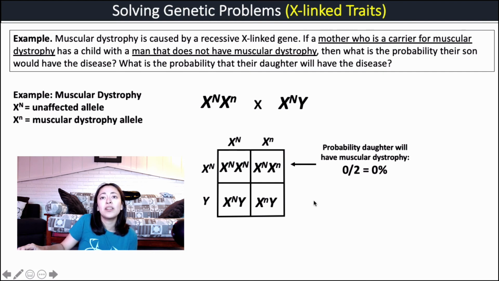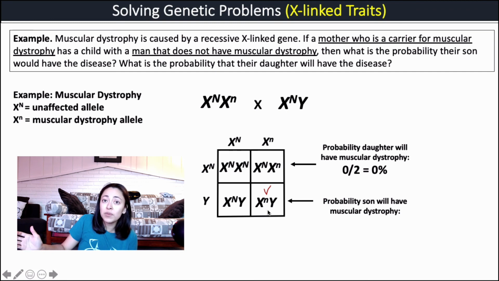What is the probability that their son would have muscular dystrophy? Well, if we're looking here, we can see that this one here, this son, would actually have muscular dystrophy. And that's because he has a recessive allele and he does not have a dominant allele to mask it, because that's not possible in males.